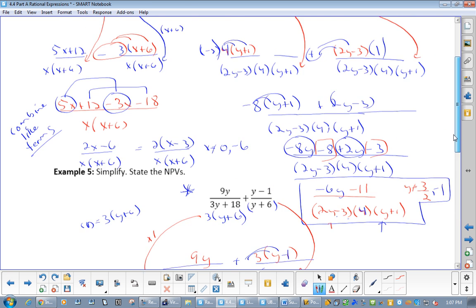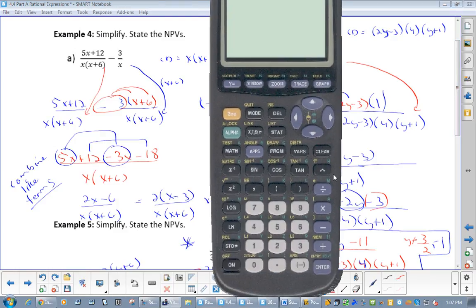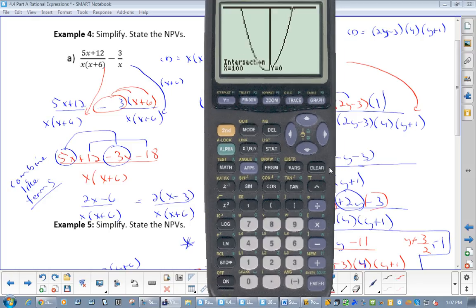I just want to show you something quick, because like I said, on your diploma, what if you do all this work, or on my written response, and I wonder if I got it right. A lot of people don't know this. Maybe some of you do. In my calculator, I get my calculator to check these for me. So look at the question.